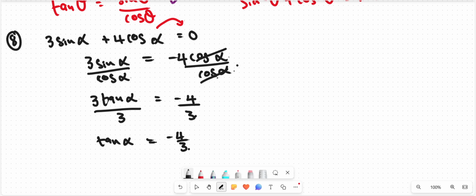Once I have it like this, I can easily solve it. My reference angle is equal to the inverse tan of the positive ratio. Remember, you never plug in the negative, you always plug in the positive ratio. Let's check what that gives us.